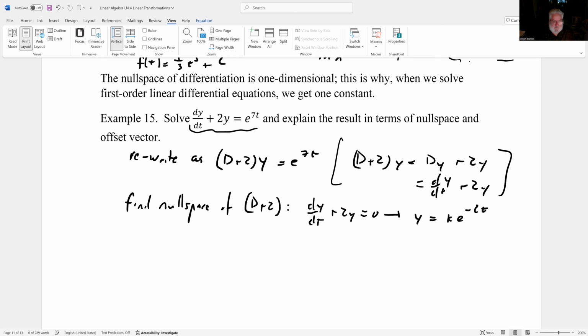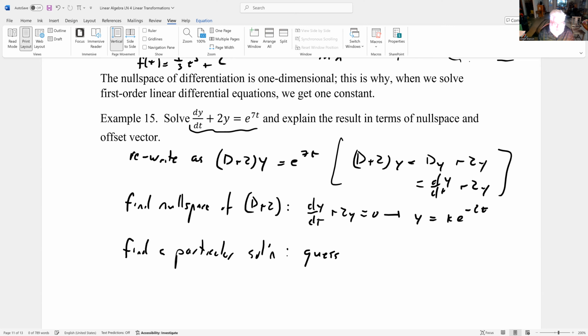There's a homogeneous solution. You'd guess y equals e to the alpha times e to the 7t, which we've done down here somewhere.